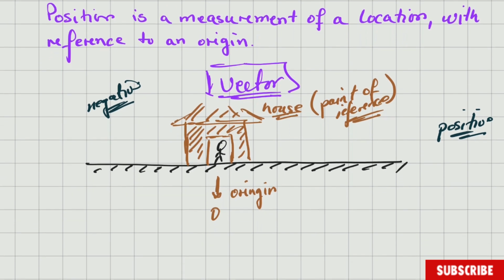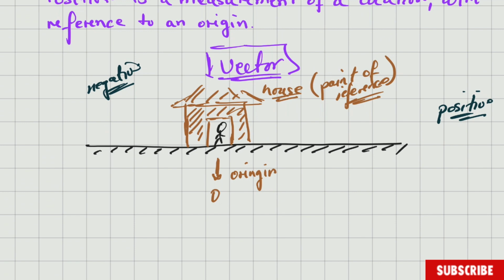Looking at this, the initial position of this person is going to be 0, because the person is at the origin, as you can see there. So let's write: initial position is equal to 0. But now that person starts moving, and some time later that person is going to be there, walking in that direction.